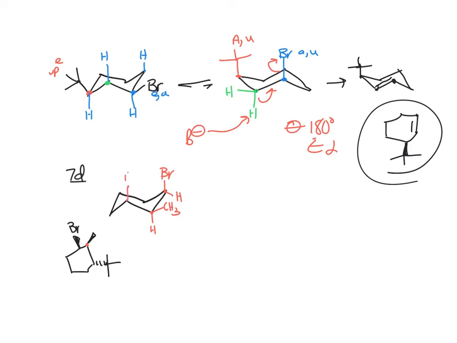This one's hydrogen up, so it would be tert-butyl down. And we also have a hydrogen down. Now I'm going to ask for major, so I'm just going to show you the major. The major is going to give you this hydrogen here. Those electrons are going to go here, and then bromine's going to leave. And I just go straight into drawing the right conformation with the bromine up, so that way I don't have to draw a bunch of examples.